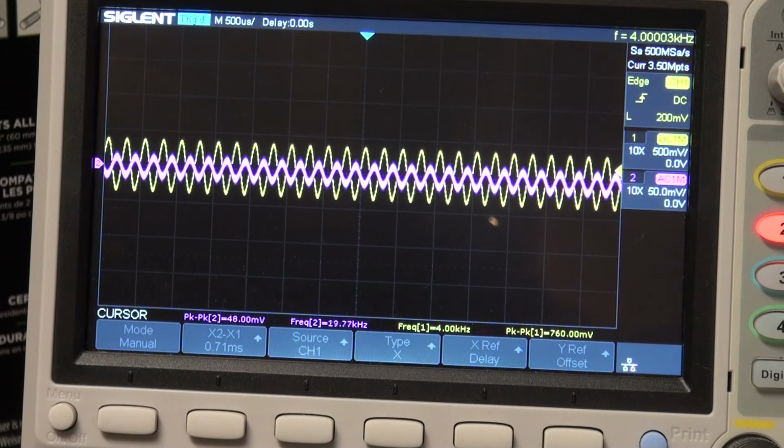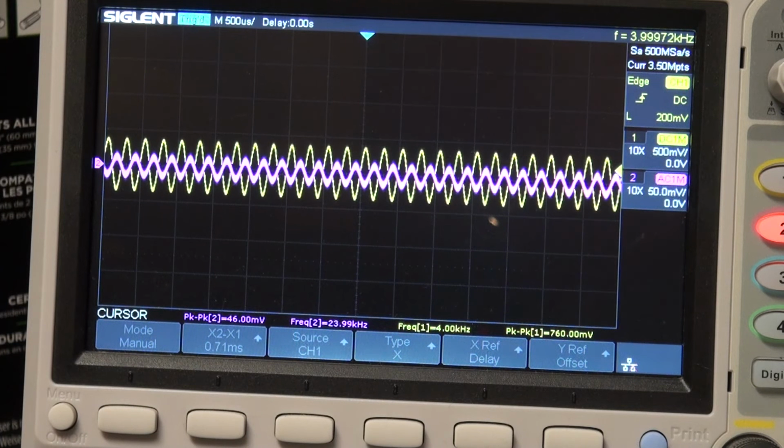Okay, I think my feedback resistor is actually 270K. It's not 220K. Sorry, mistake. Yeah, so the ratio of 270 to 10K is 27, which is about 30.